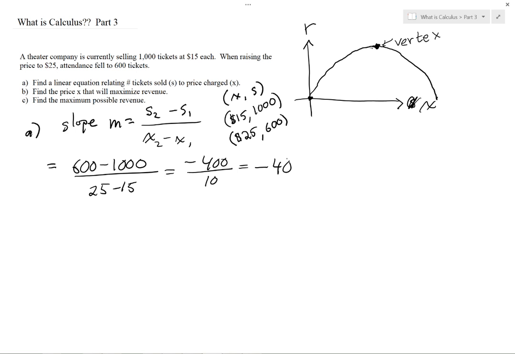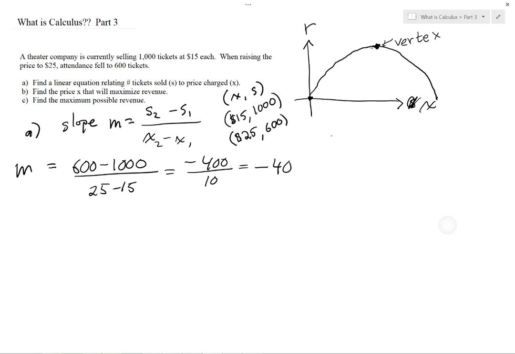So that's our slope. And again, I always stress the importance of understanding what meaning the slope actually has here. Slope is a rate of change. We say that in algebra, we say that in calculus. So we're relating a change in sales for a change in price.